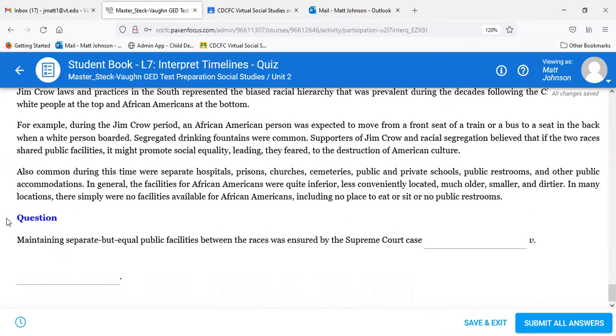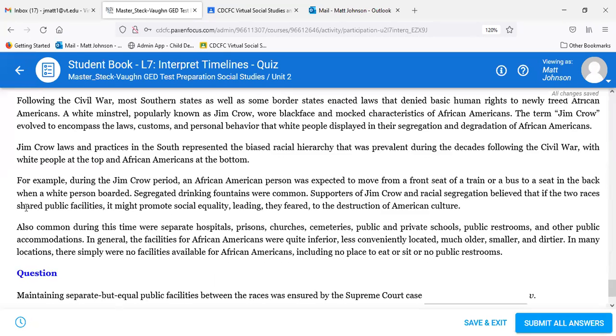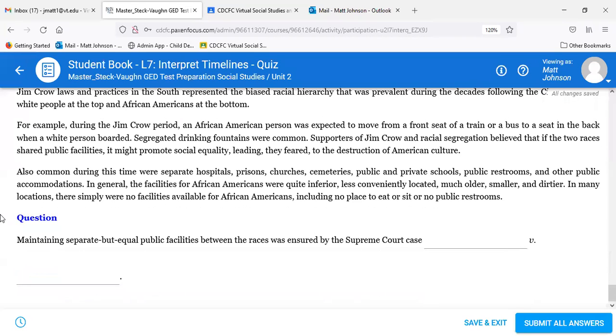And then finally, let's go back to the top. Sasha Gay, you want to take number 5 for us? Finish us out here. Okay. Maintaining separate but equal public facilities between the races was ensured by the Supreme Court case Plessy versus Ferguson.